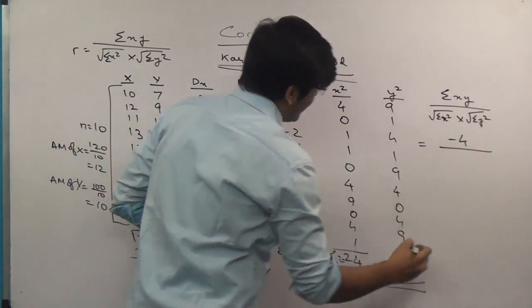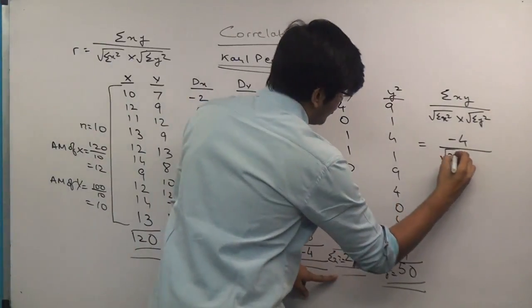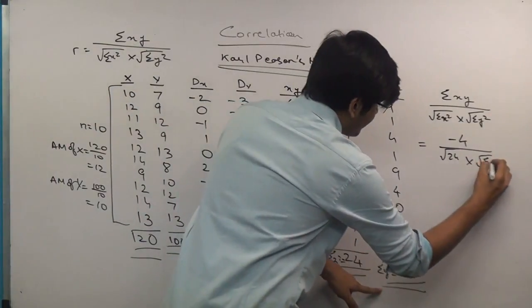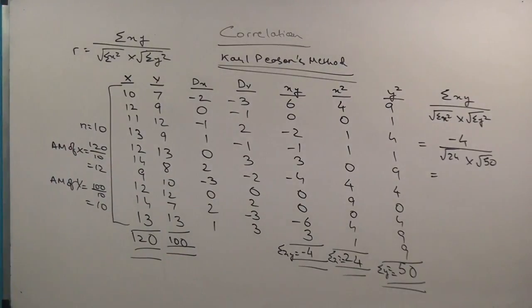Minus 4 divided by root over. How much is summation x square? 24. Root over 24 into root over how much? 50. Gives us how much? Calculate. Use calculators if possible.